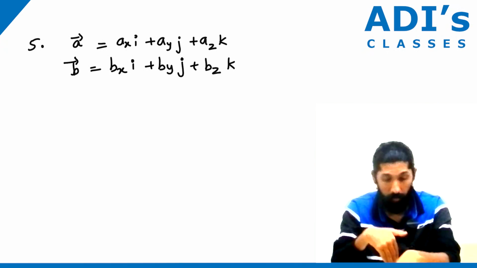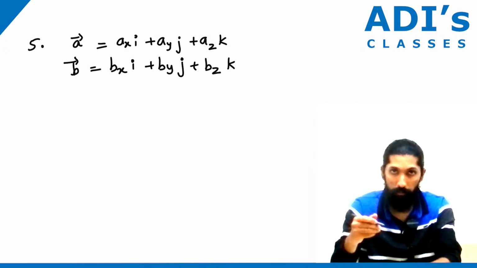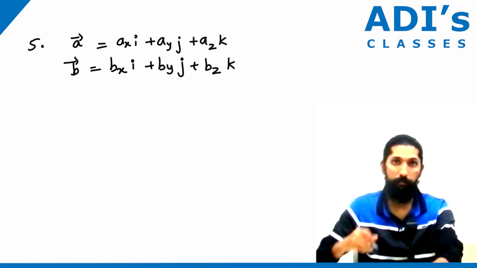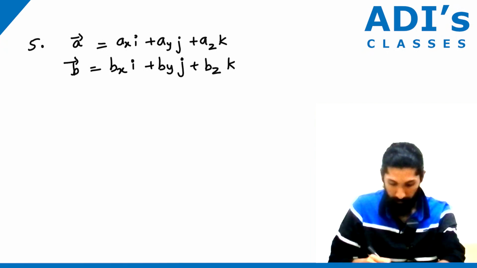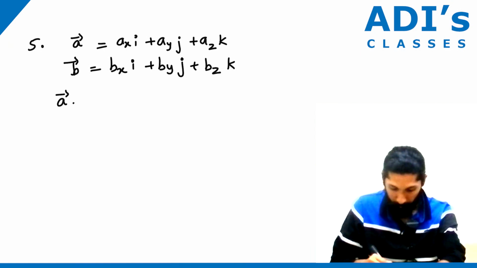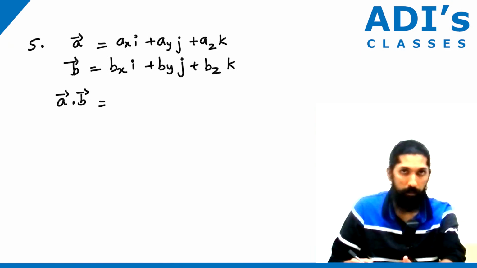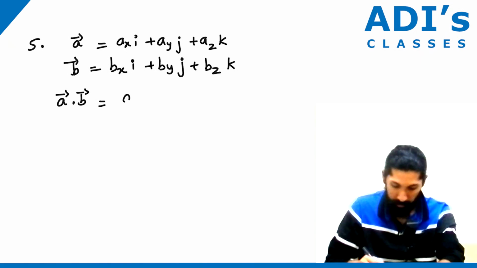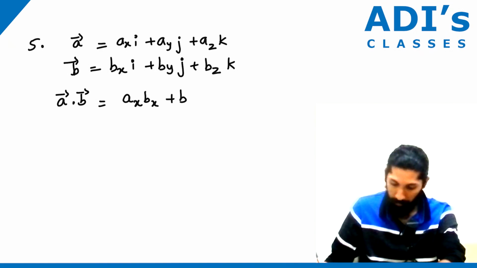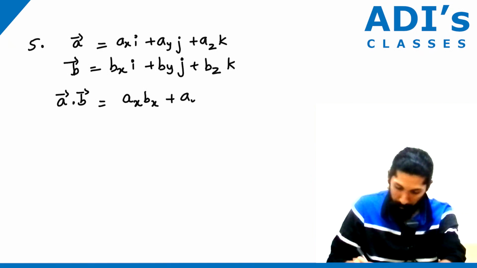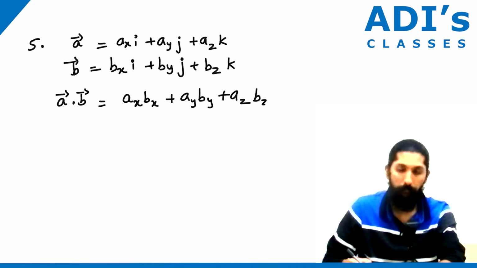Fine. So now since we have resolved it, when you take vector A dot vector B, we multiply normally, but then the result is going to be just Ax Bx plus Ay By plus Az Bz.